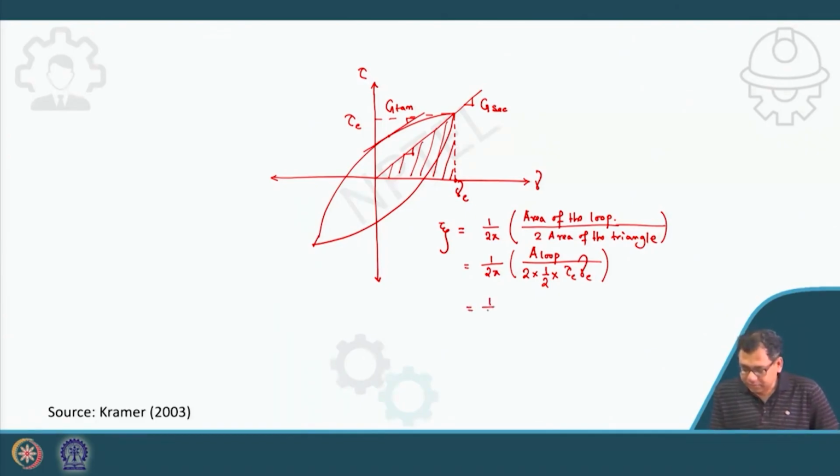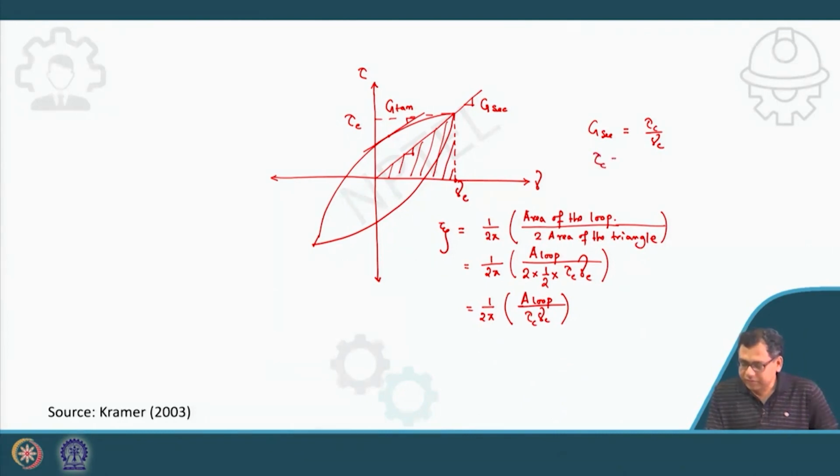So, ultimately this will be the area of the loop divided by 2 pi into tau C into strain C. Now, from here you can see that G secant is equal to tau C by the strain, shear stress by shear strain.